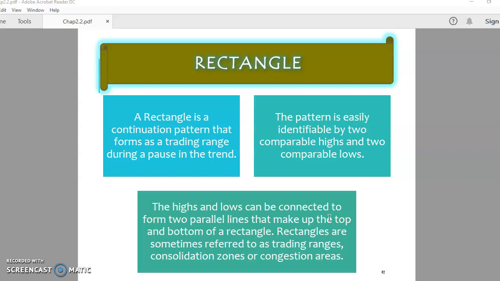Okay, then we connect those higher prices to create a resistance line, and we connect the lowest prices to develop a support line. Okay, so rectangle is also sometimes referred to as a trading range, consolidation zone, or congestion area.